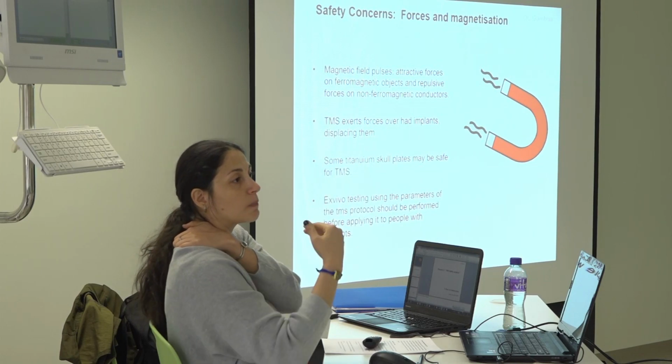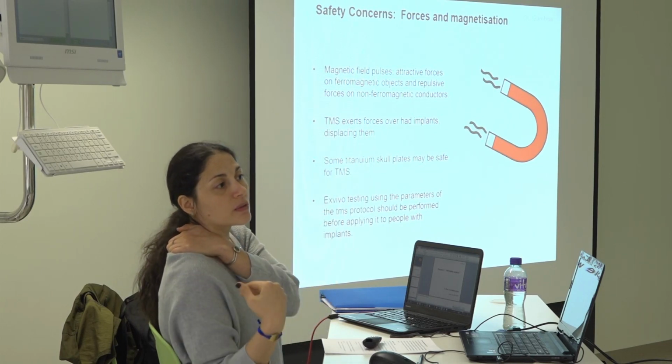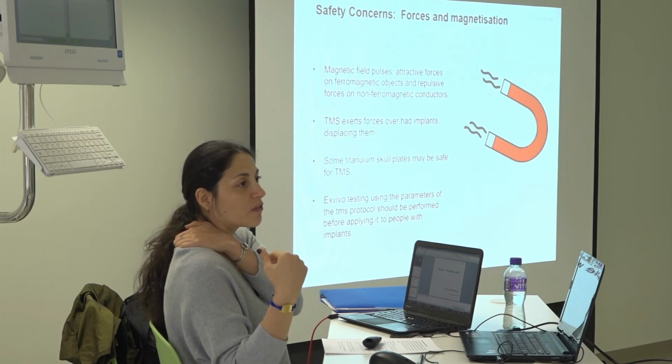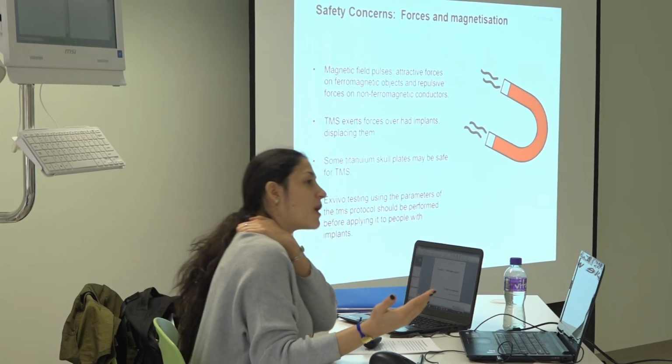So the problem here is when we need to check that, and it's part of the questionnaire. If you have implanted things in your head or whatever, you should not measure people that have implants in the head, because TMS exerts forces there and can displace them, so it can move them, and that's very bad.